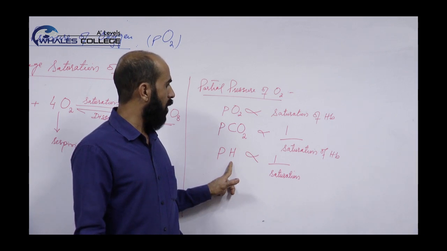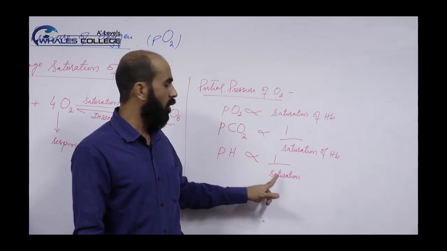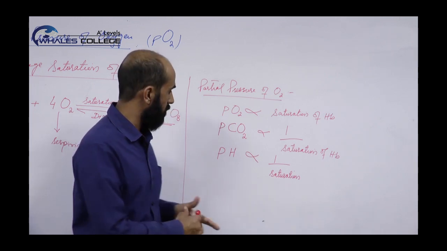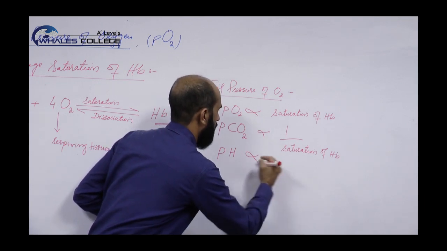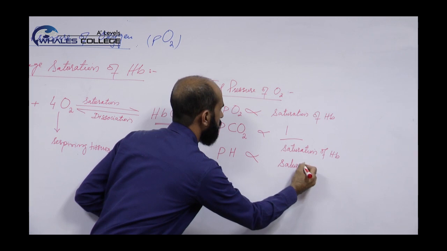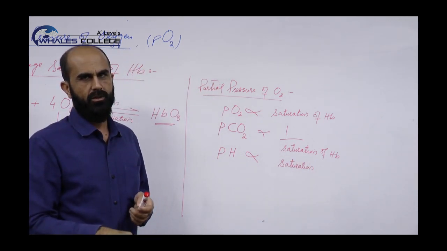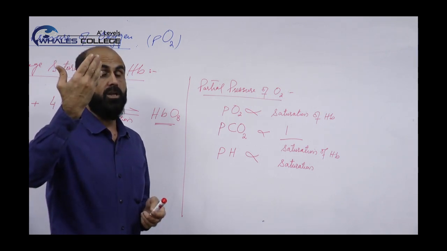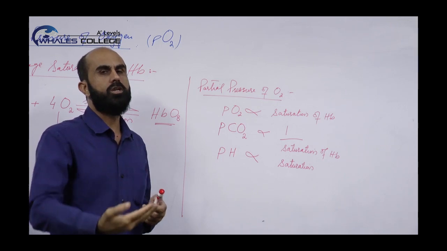It promotes dissociation and decreases saturation. So lower pH, lower saturation. We can't say higher pH because we talk about the normal pH. It is normal pH, more saturation of hemoglobin.